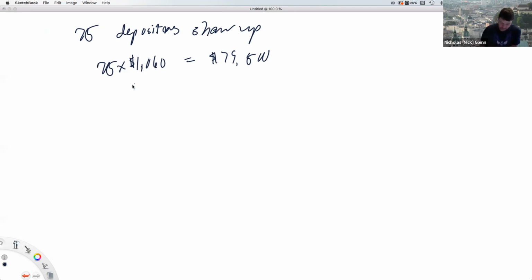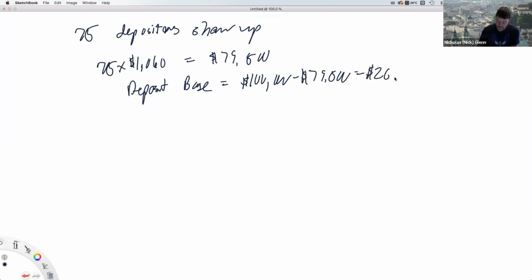All right, so what's the deposit base now? Well, it's just 100,000 minus 79,500. That's going to be 20,500 in the deposit base.